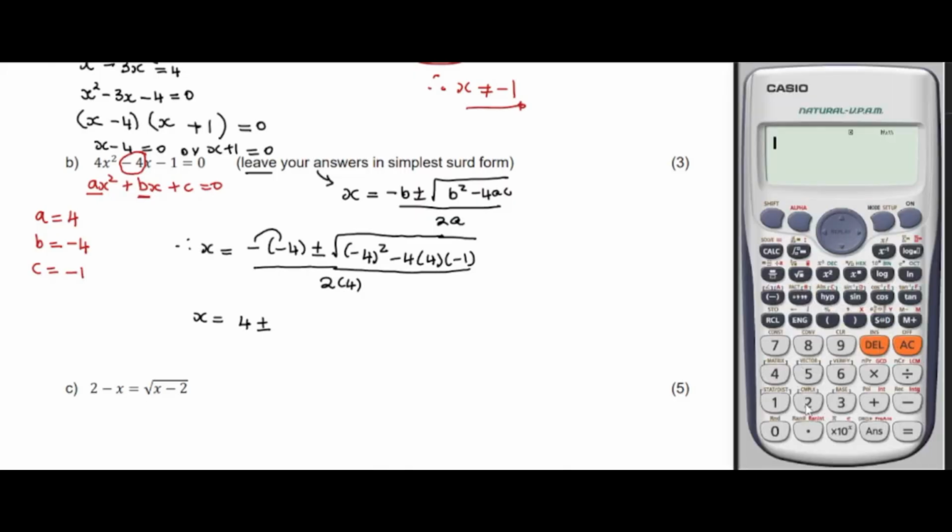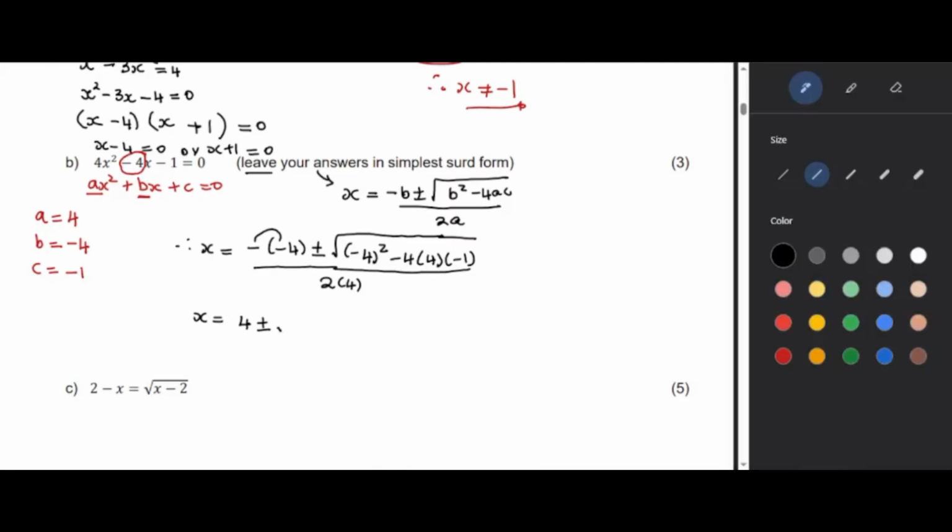So let's put everything that we have inside the bracket, which will be minus 4, and this is squared, minus 4 into 4 into minus 1. Let's see what we get there. So this is what we have inside the square root. So this is 32. So now this will be the root of 32 divided by 8.